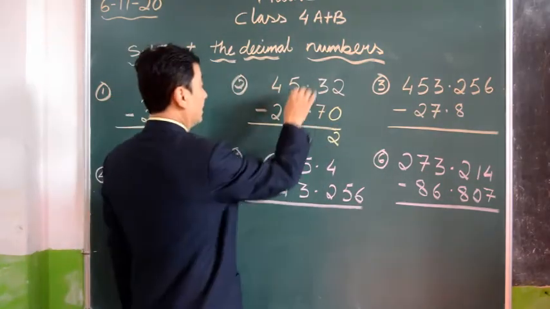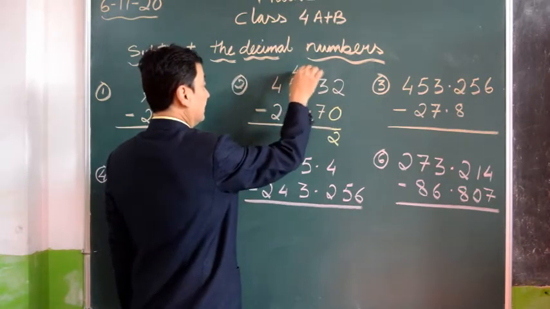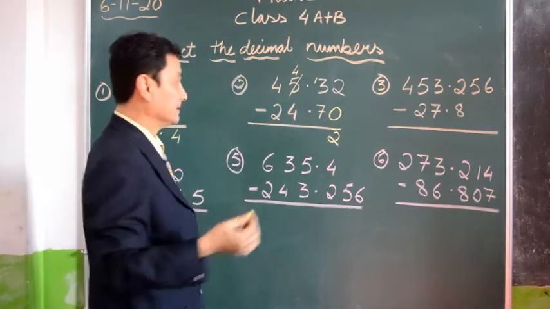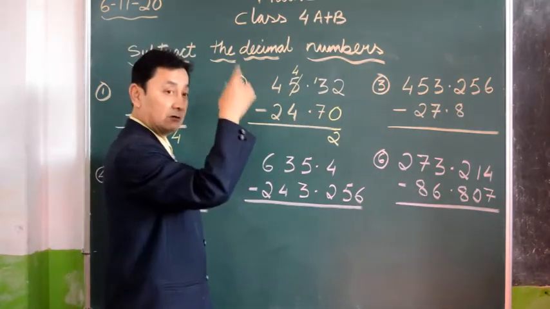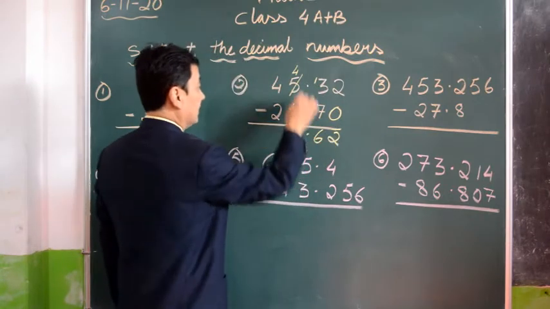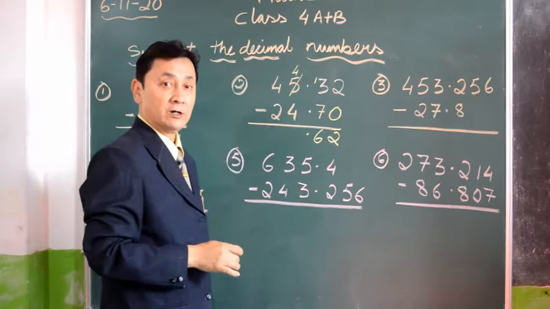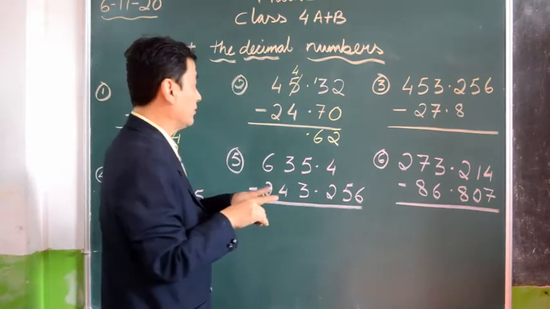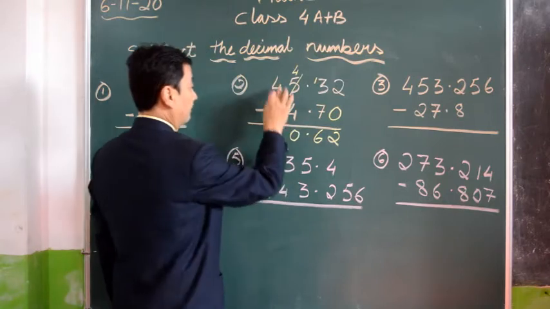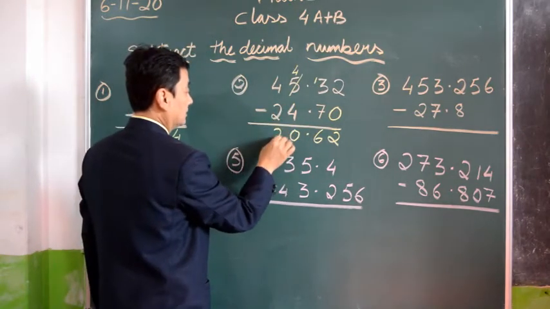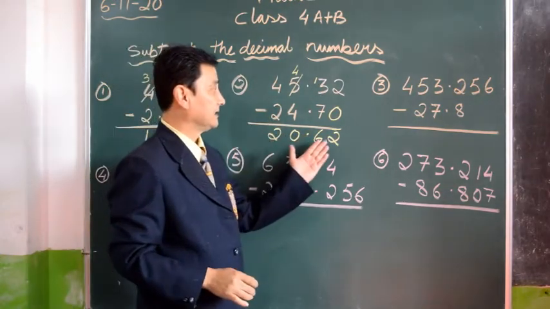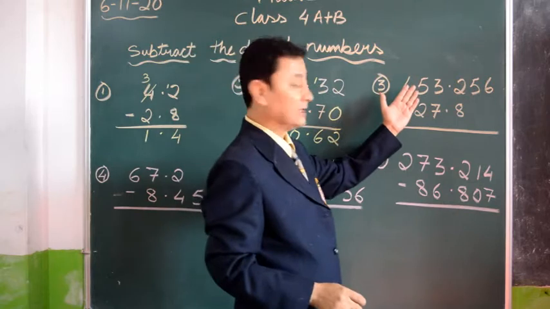No. So we borrow from the next number. 13 minus 7, 6 point. 4 minus 4, should we borrow? They are equal, so we shouldn't borrow. 4 minus 4, 0. 4 minus 2, 2. So when we subtract these two numbers, we get 20.62.